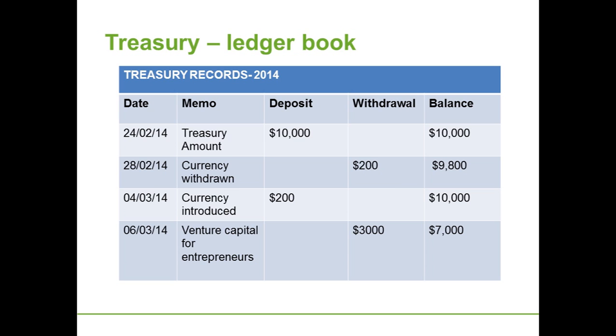It might have been torn money, damaged money, and so now we have a withdrawal and the money is down to $9,800, and so we have money going in and out of that.